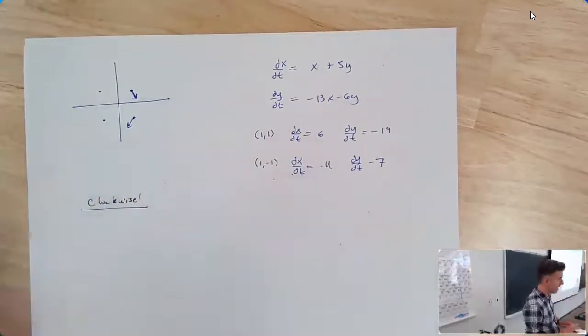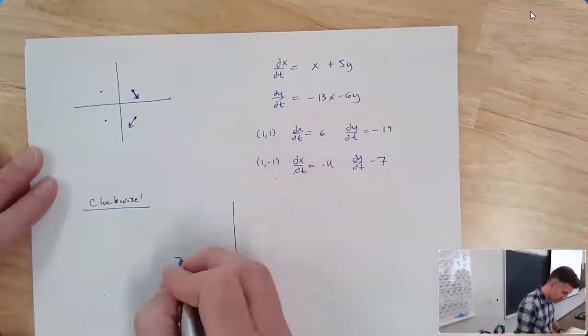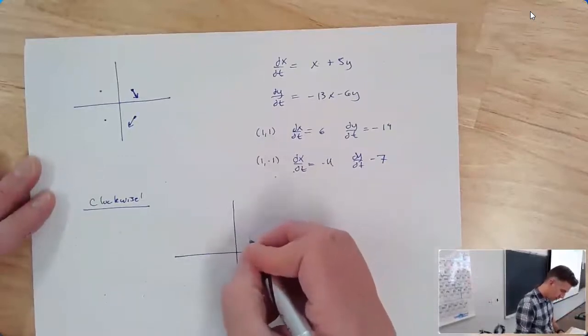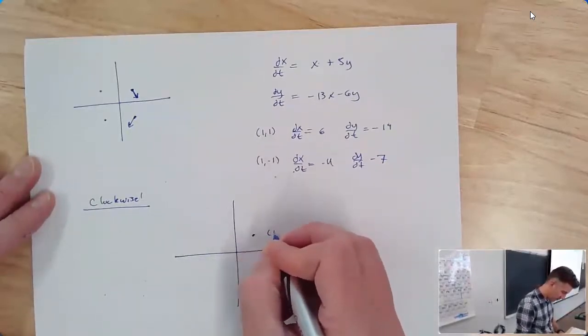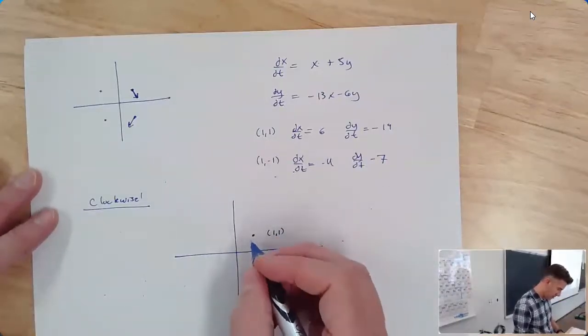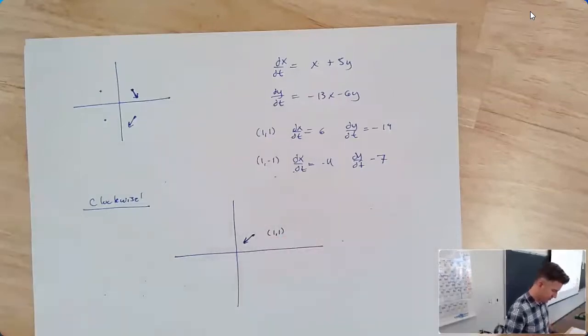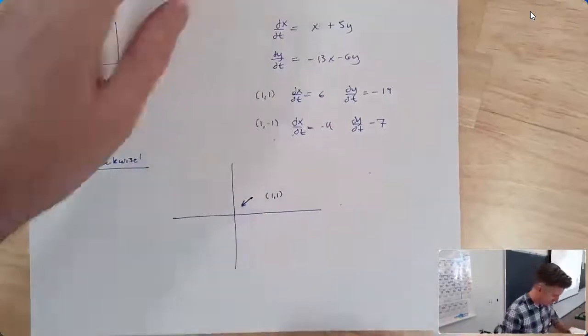Now, the other thing I'll say is, let's pretend for a second that we did this and our point was at the point (1, 1). Let's say the vector was pointing something like this. Maybe I drew that a little too ambiguously.